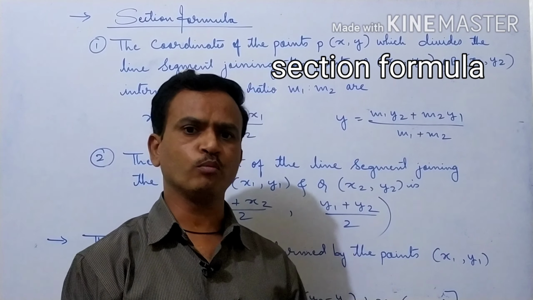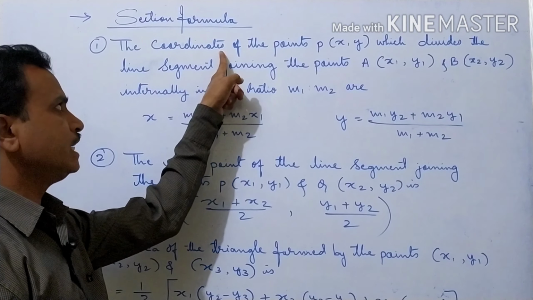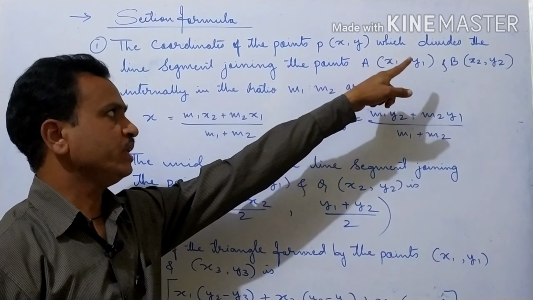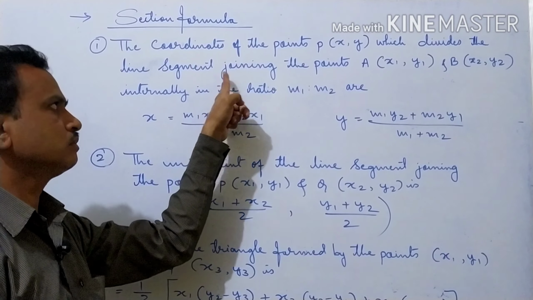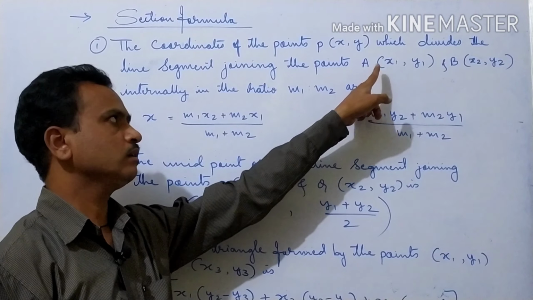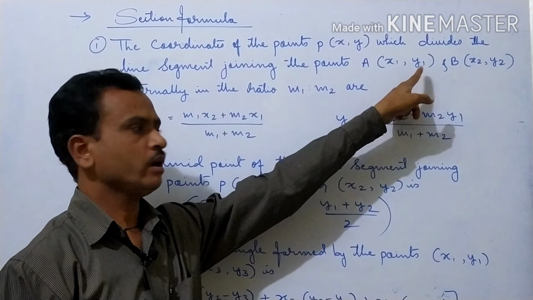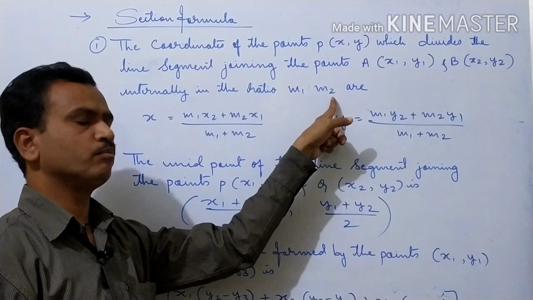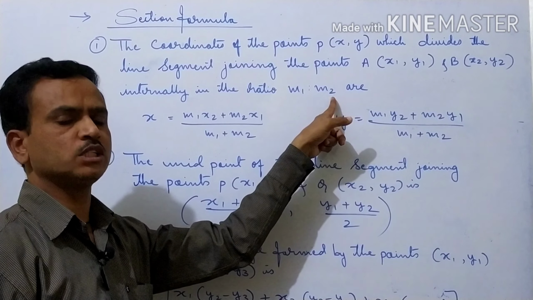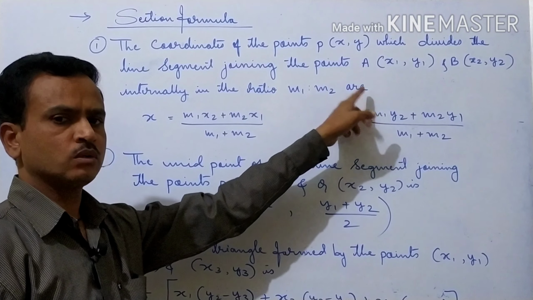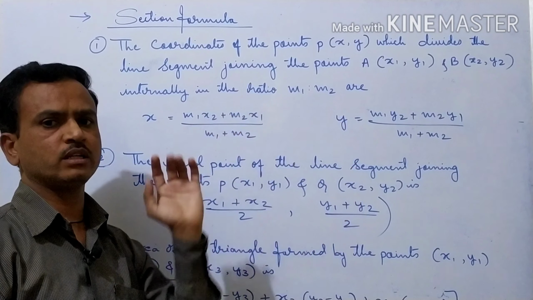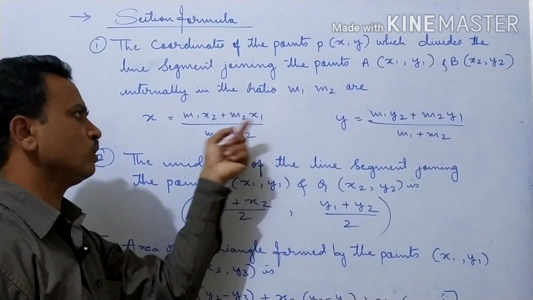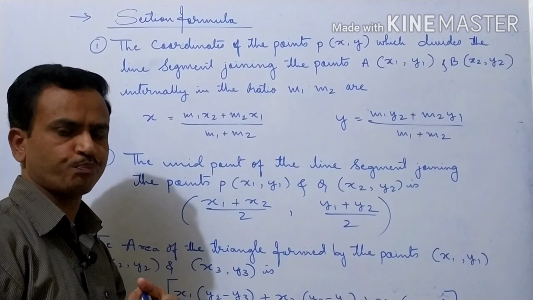Next, section formula. The coordinates of the point P(x, y) which divides the line segment joining the points A(x1, y1) and B(x2, y2) internally in the ratio m1 is to m2. To find the x coordinate, the formula is (m1 into x2 plus m2 into x1) whole divided by (m1 plus m2).